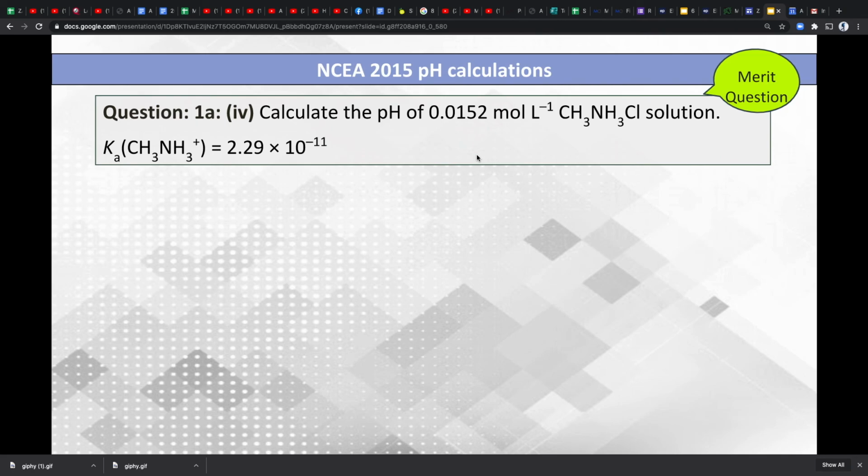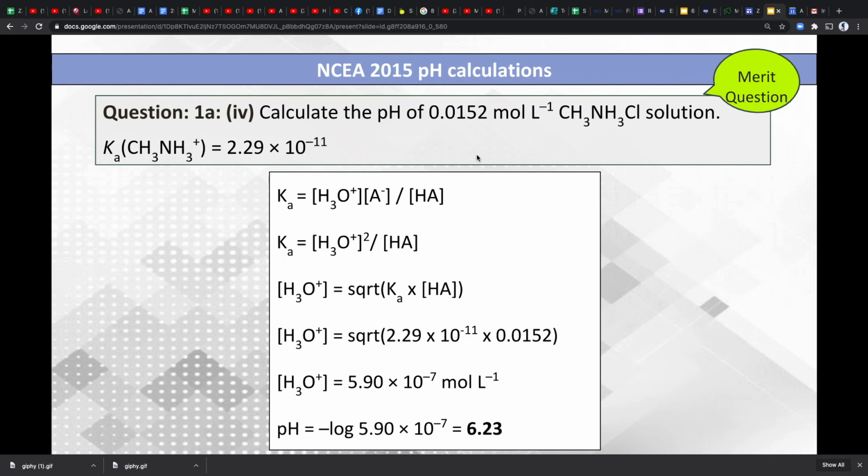So we can plug that number in down here. Cool. So when we do that, we follow these same steps we talked about. You're going to have to rearrange this equation, and to get rid of the square, you're going to have to take the square root, right? So you're going to have to take the square root of Ka.